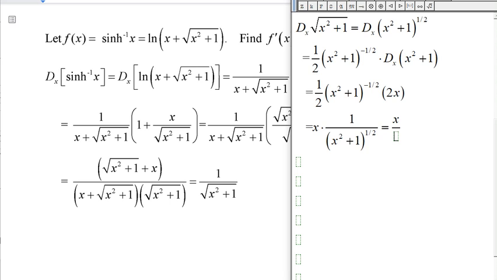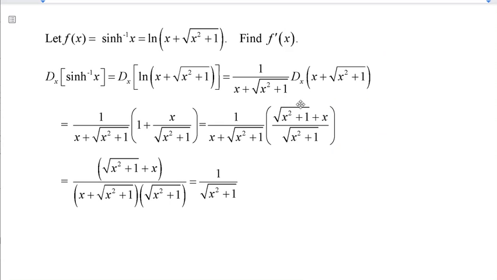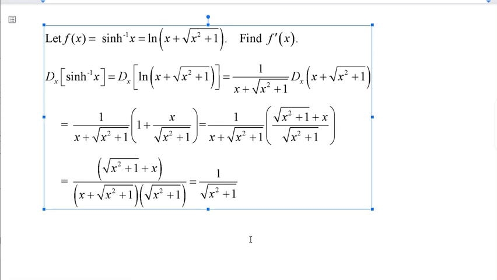And then the bottom, the 1/2 is the same as the square root plus 1. So the derivative of the square root of x squared plus 1 is x dividing by the square root of x squared plus 1. And so we have the derivative.